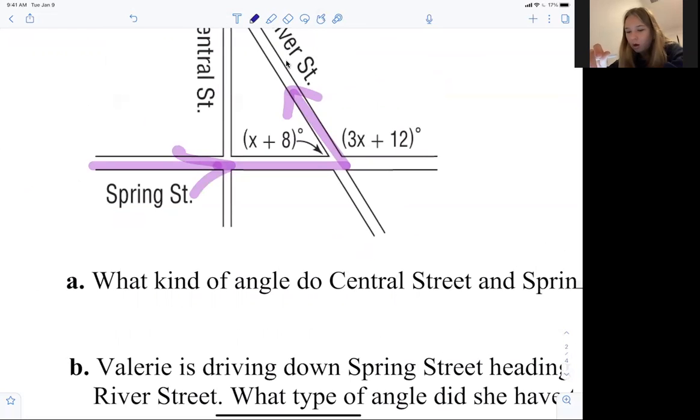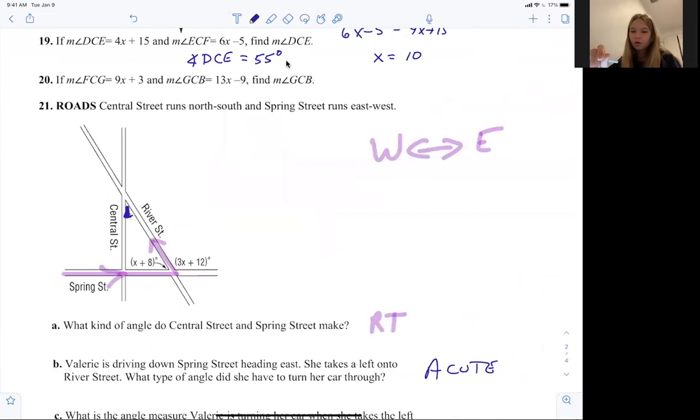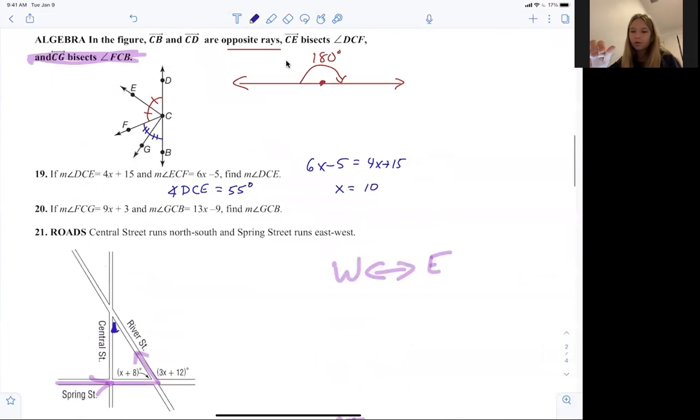So they definitely can't be equal. So what else? Aren't all the angles of the triangle, they add up to 180? Yeah, but I'm missing this angle up here, right? What else is the relationship? I said something kind of important up here.